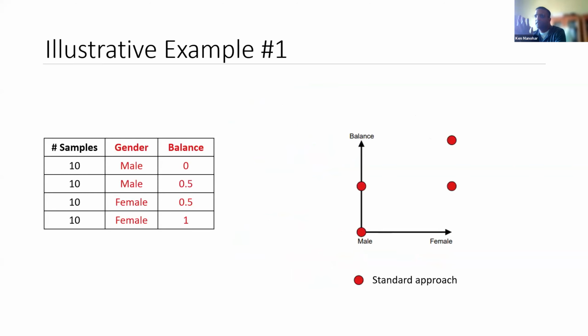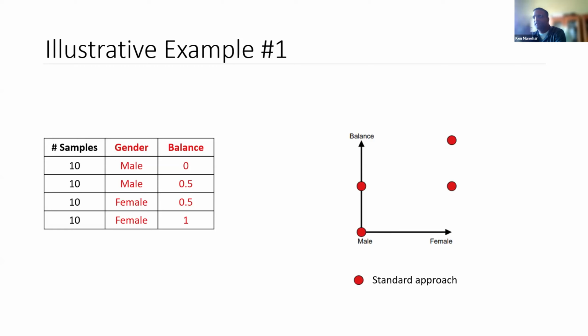So we can use a very simple data set with just gender, and we have 40 customers. For males, we have a normalized balance of either 0 or 0.5. For females, we have a normalized balance of either 0.5 or 1.